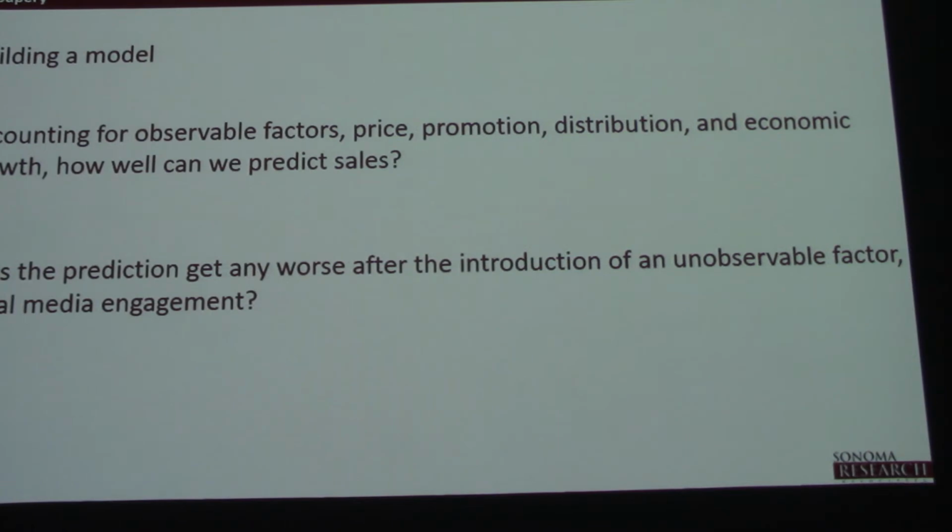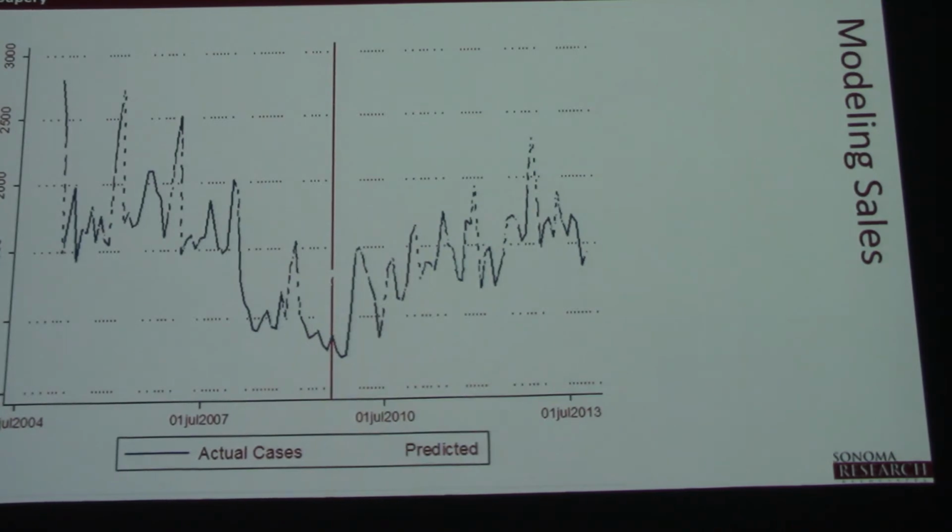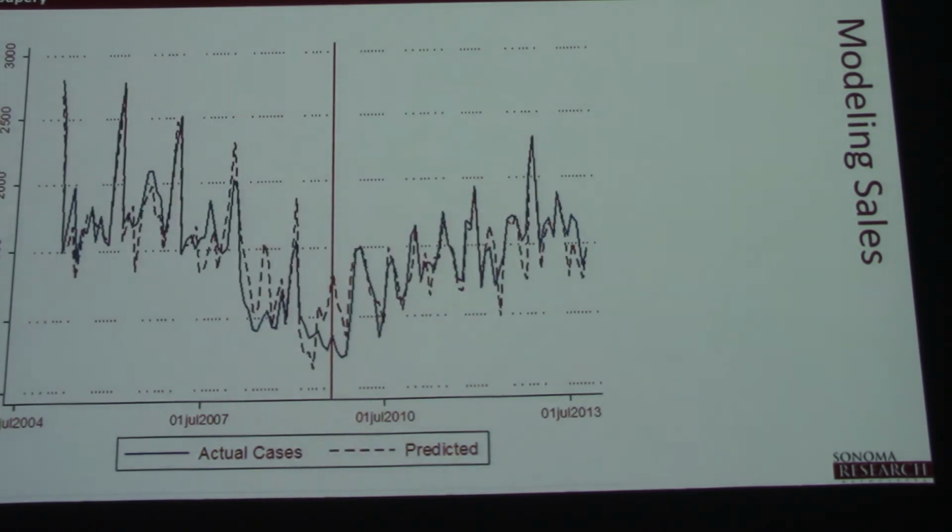And then, perhaps we might want to ask, if we can predict sales, do the predictions get any worse after the hiring of a social media manager? So here's sales, and we're going to run a regression with those factors, and that's how well the model fits the data.